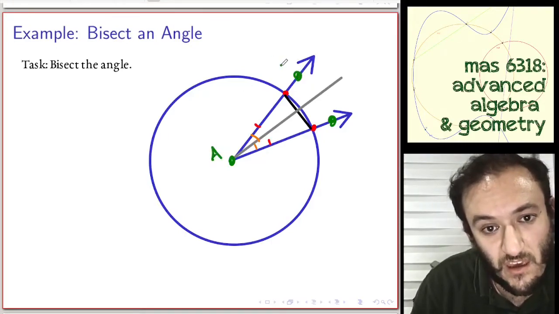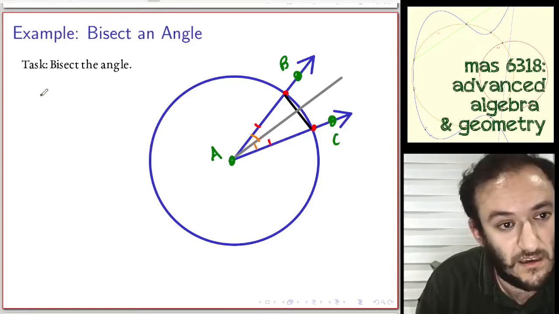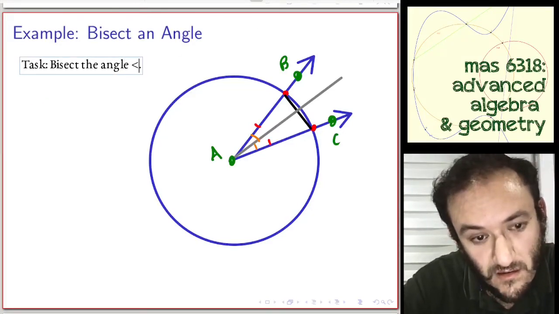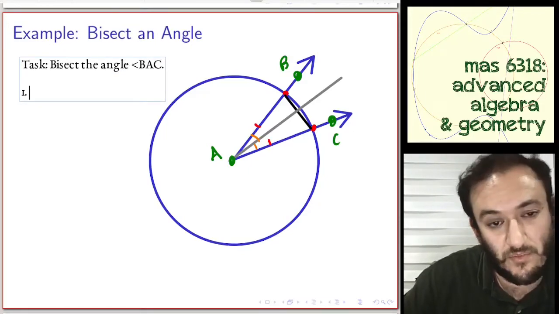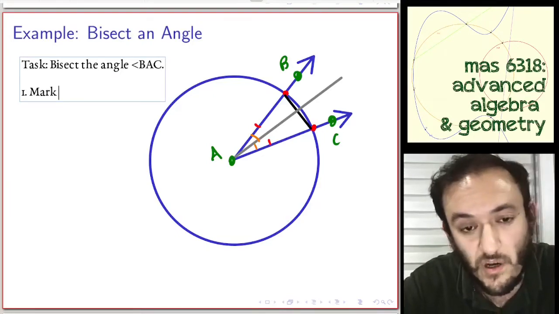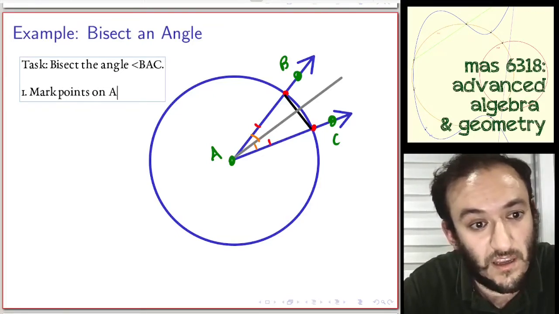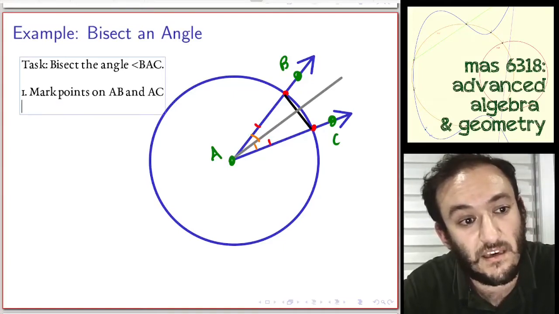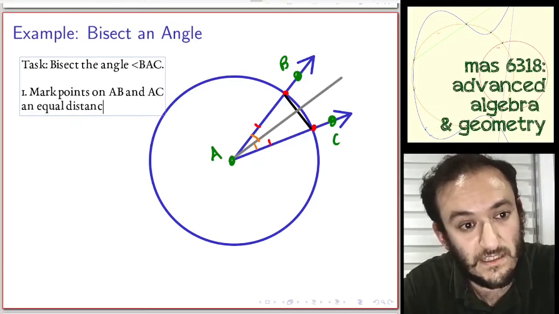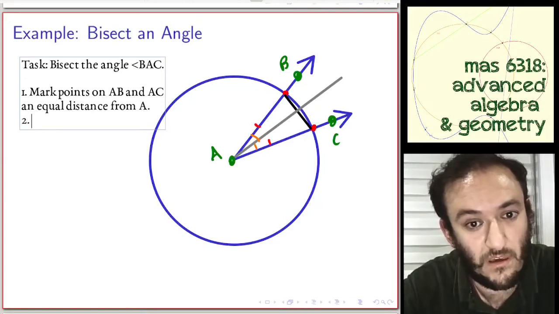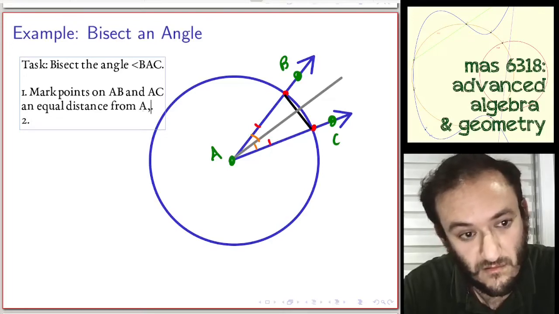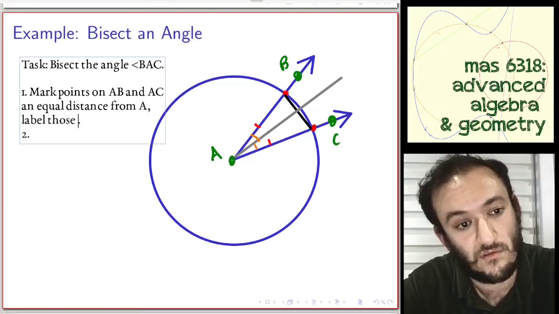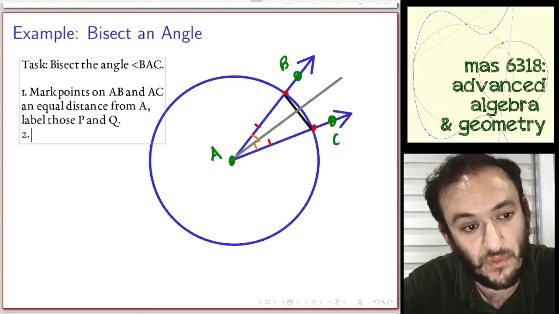So this will be A, B, and C. And so we want to bisect the angle BAC. Our first step is to mark points on AB and AC at equal distance from A. We'll label those, let's say, P and Q.